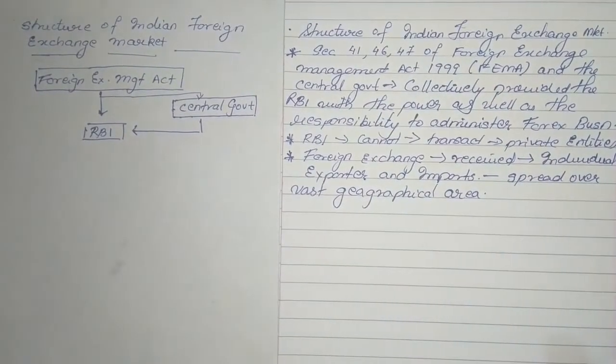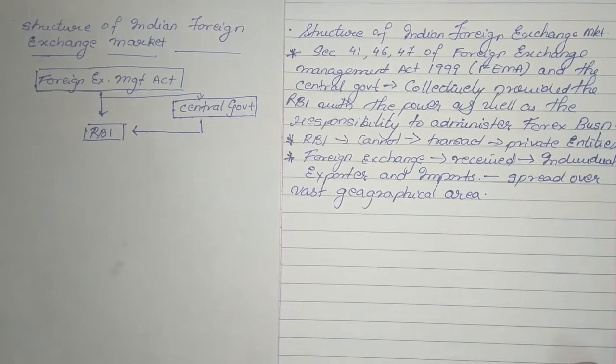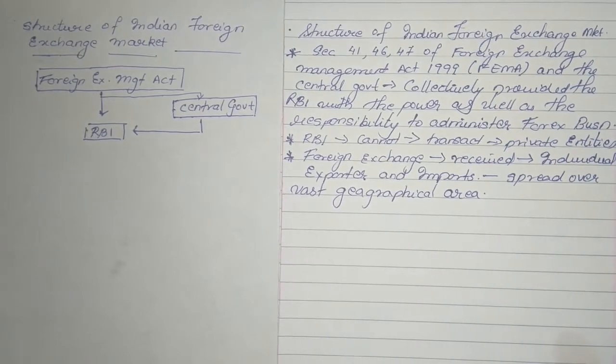So it becomes very difficult for the RBI to individually deal with such persons or individuals. Though the RBI has the sole authority to administer foreign exchange business in India, it actually does not deal with individuals and other private entities, and therefore it cannot undertake this function.